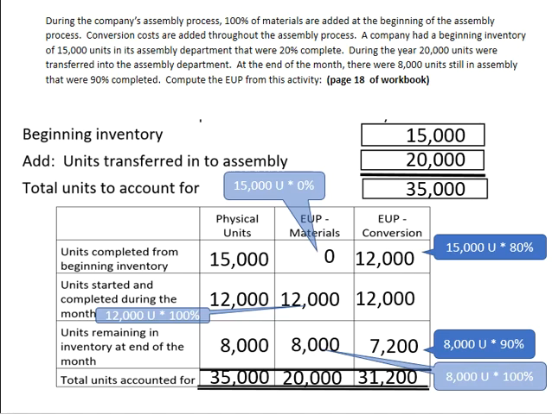Now, in order to move our costs from work in process to finished goods, we need to attach a cost to those equivalent units of production. Just like under job order costing, we attached cost to individual job orders.